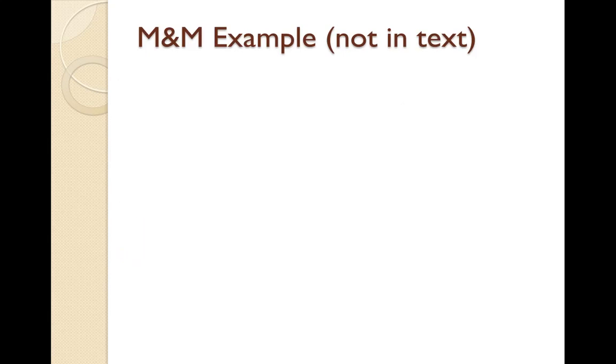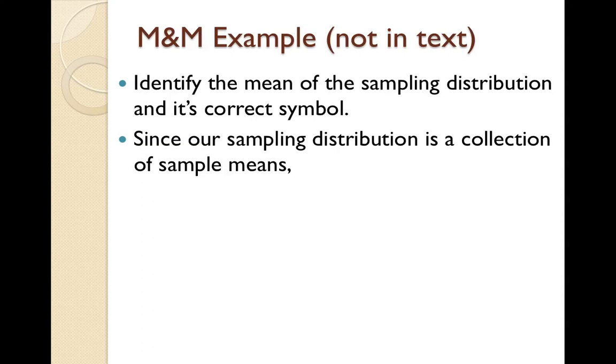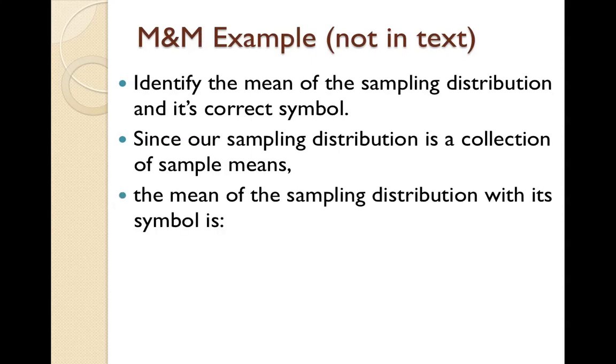So we go on to the mean of the sampling distribution and its correct symbol. Again, like the last example, our sampling distribution is a collection of sample means. The mean of the sampling distribution with its correct symbol is mu sub x bar, 0.8535. So it's the same value as the population mean, and when we draw our picture, this is the value that goes in the center.